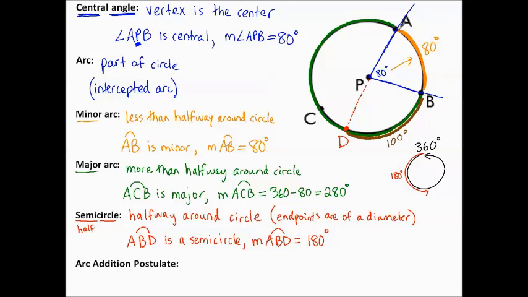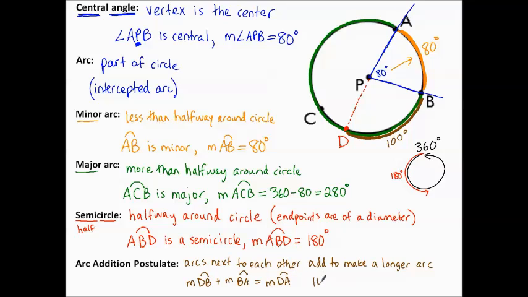Because 100 plus 80 makes 180, and that's the arc addition postulate, arcs next to each other add to make a larger or a longer arc, such as arc DB and arc AB. So we can say, for example, the measure of arc DB plus the measure of arc BA or AB equals the measure from D all the way to A.